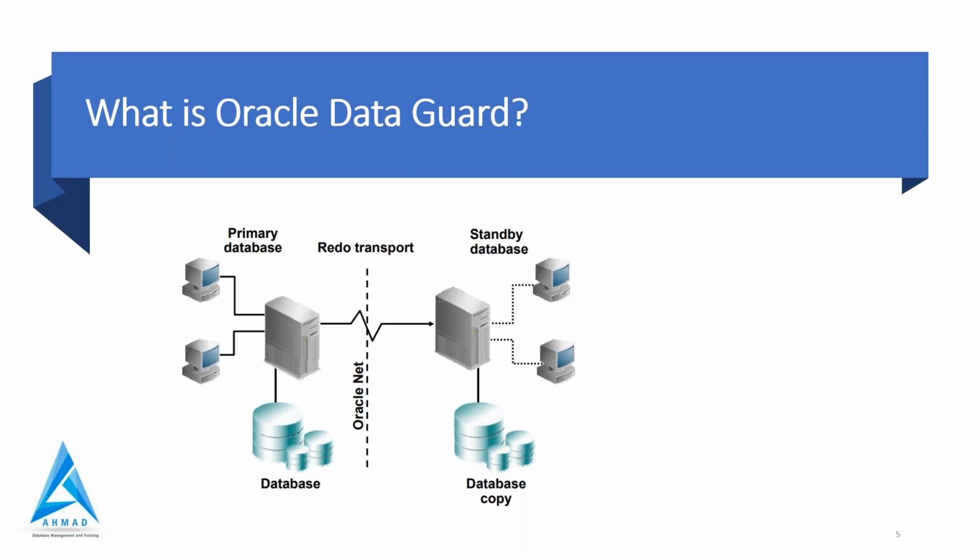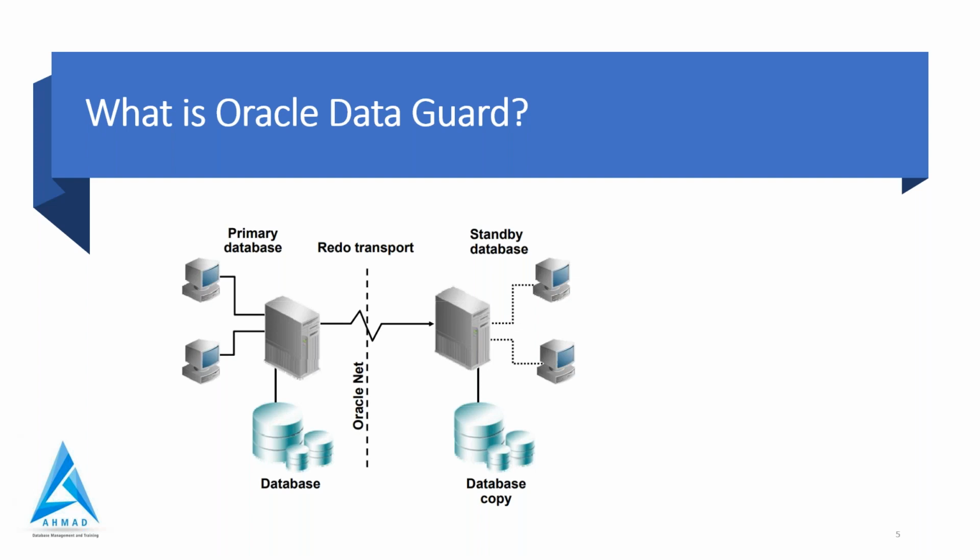If you see in the diagram, you can see one is a database and another one is a database copy. So basically you will configure your standby database on the basis of your production copy.